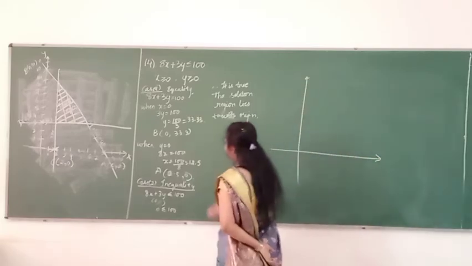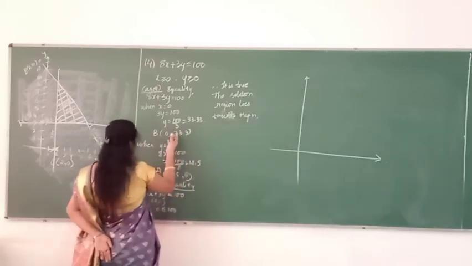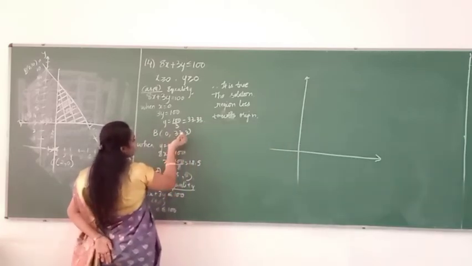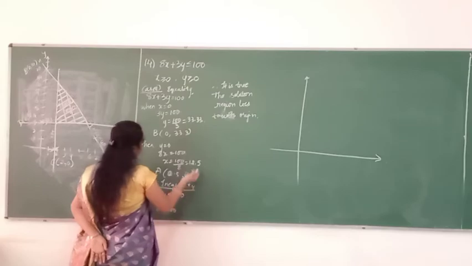Now you just see here the b coordinate is like 33.3, and here you can see the a coordinate as 12.5.